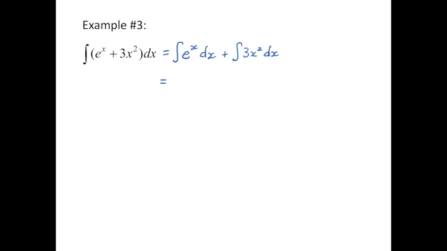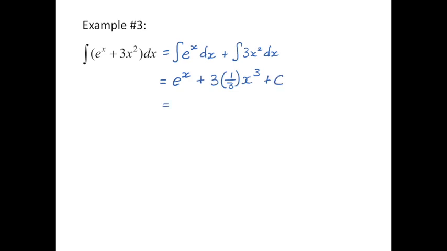So the integral of e to the x, that's just e to the x, plus the integral of 3x squared, so that'd be 3, then the integral of x squared is going to be 1 over 3 times x to the 3. So remember that we add 1 to our exponent and divide by that same new exponent. And then we'd have plus c.